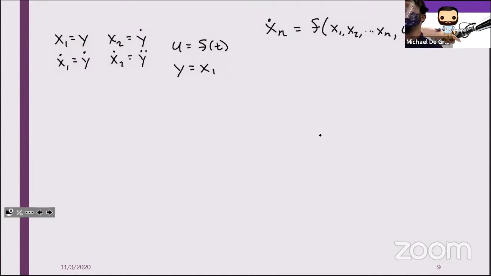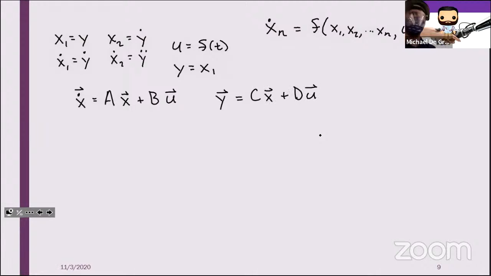So remember what we're trying to build, right? We're trying to build these equations here, our state and our output equations. Okay, so let's start with the state equation. Well, we know what x dot is.